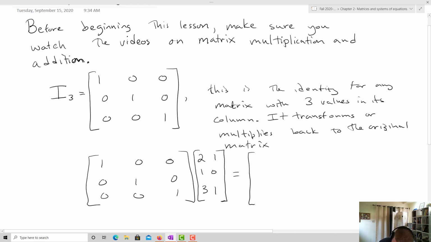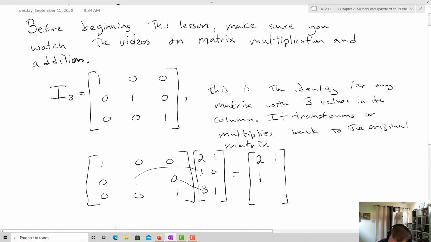So we'll have 1 times 2 is 2, plus 0 times 1 is 0, plus 0 times 3 is 0, so that gives me 2. Then 1 times 1 is 1, 0 times 0 is 0, and 0 times 1 is 0, so this becomes 1. Next, 0 times 2 is 0, 1 times 1 is 1, 0 times 3 is 0, so this becomes a 1.